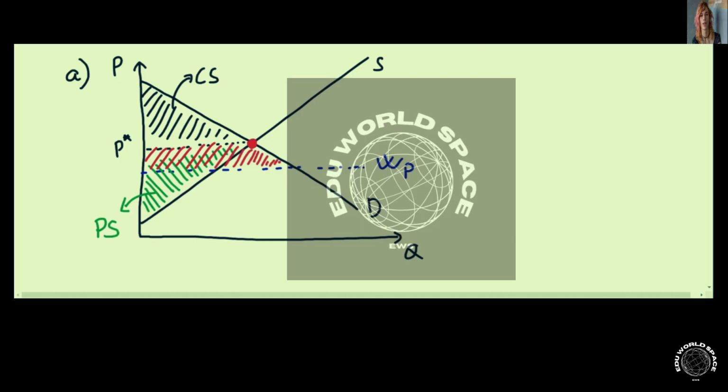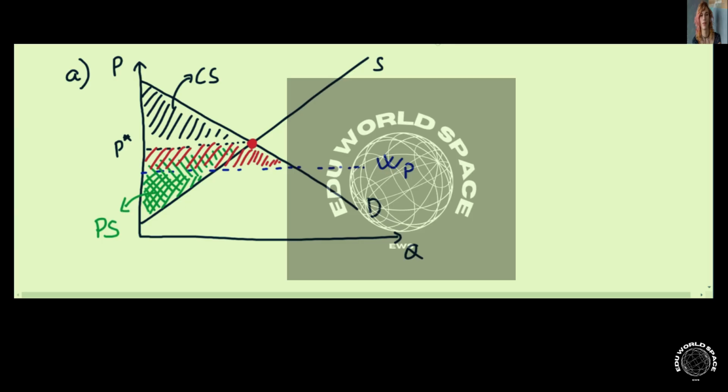Producer surplus decreases. So producer surplus lost part of it to consumer surplus after trade, and now producer surplus is only this area.